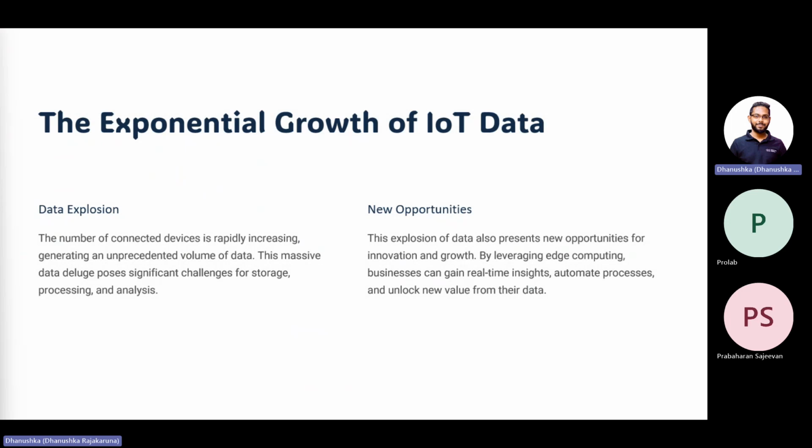The scale of the IoT data explosion starts with the proliferation of devices. By 2024, which means this year, the number of IoT connected devices is projected to surpass 75 billion globally.